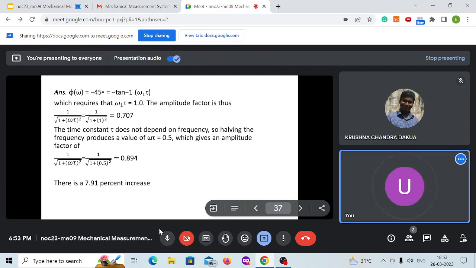So we know omega tau is 0.5. The amplitude ratio again is 1 over root of 1 plus omega tau squared. Putting omega tau as 0.5, we get 0.894. If you check how much difference this is, there is a 7.91% increase.